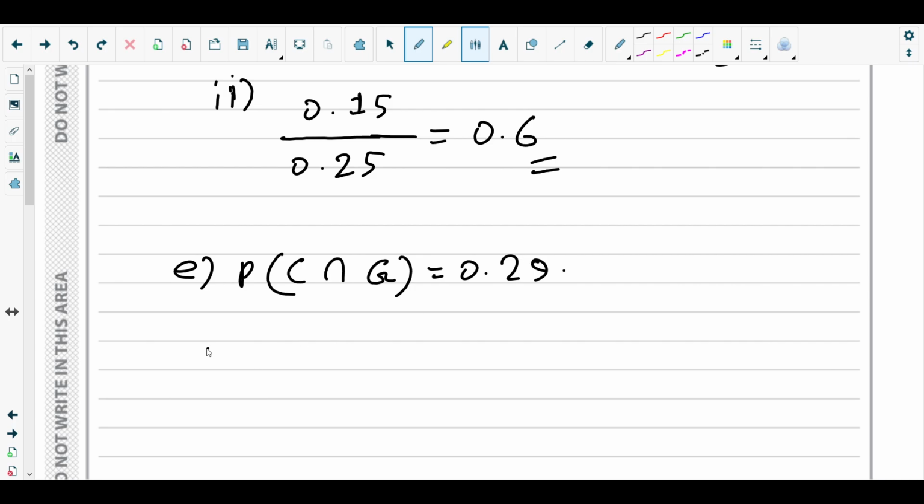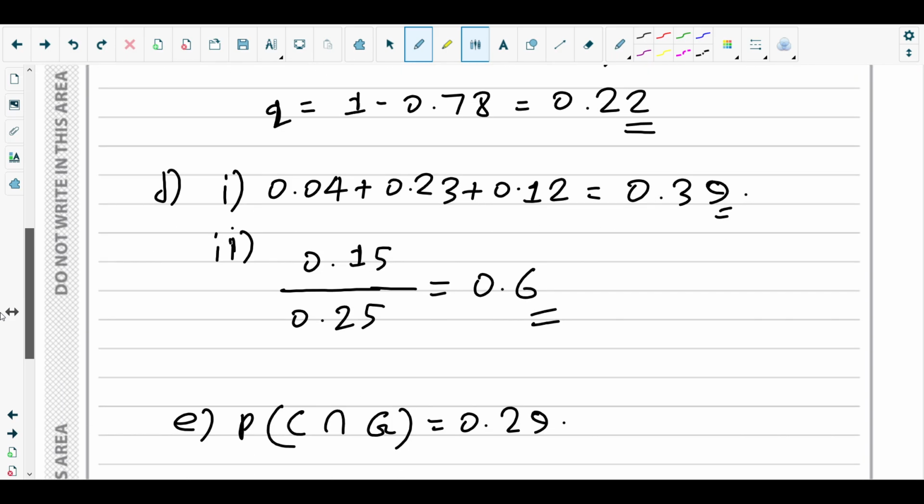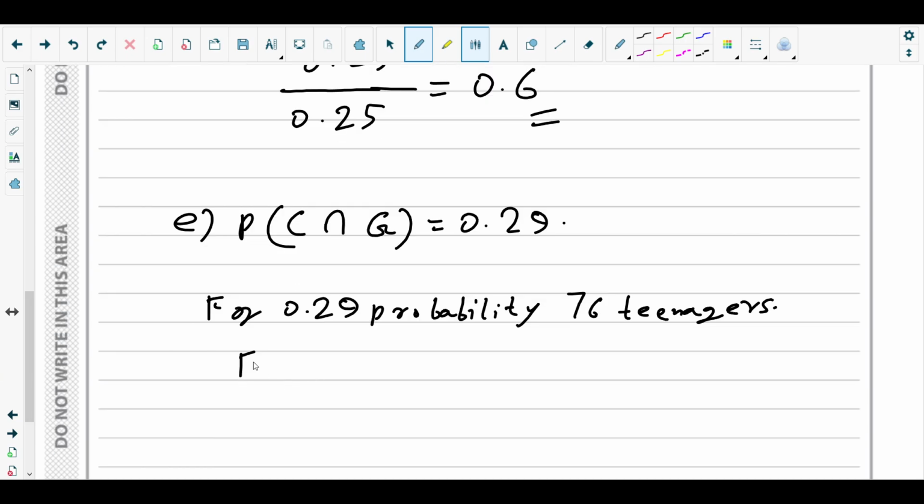So for 0.29 probability, the number of teenagers is 76. Now for 1 probability, how many would be in total? 76 over 0.29, unitary method, isn't it?